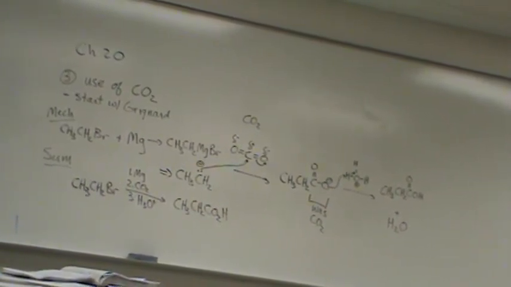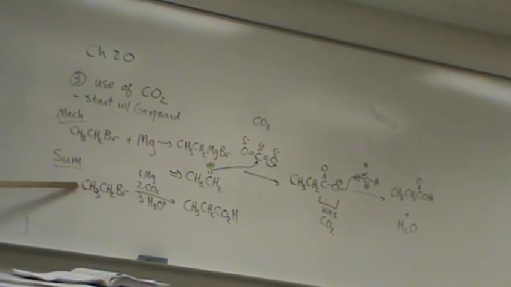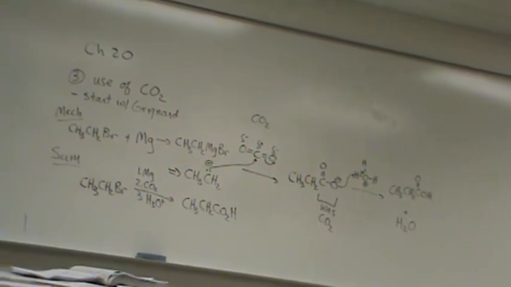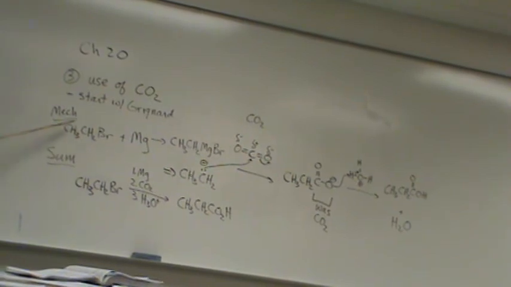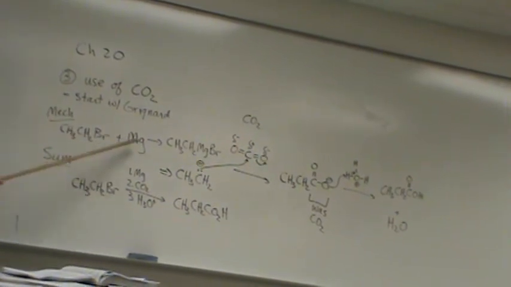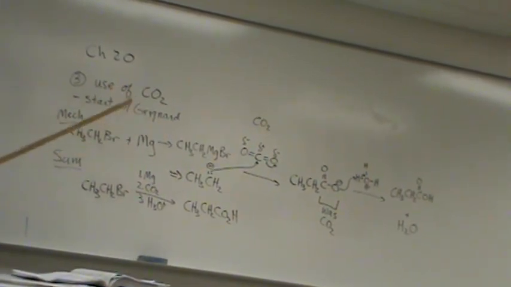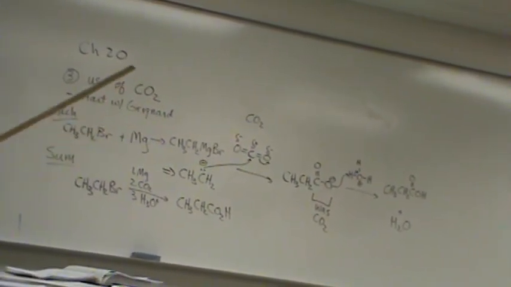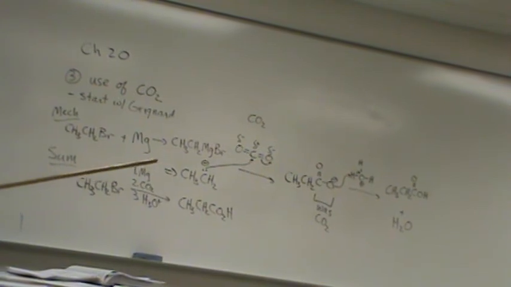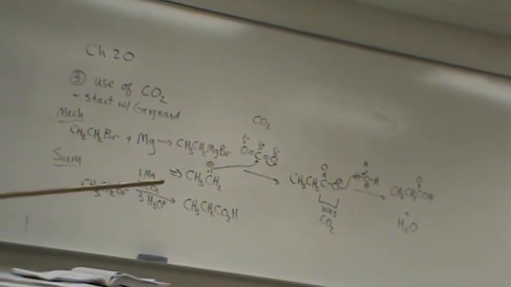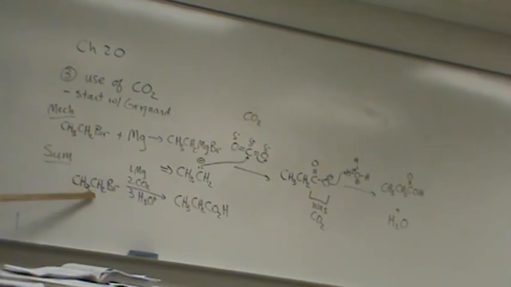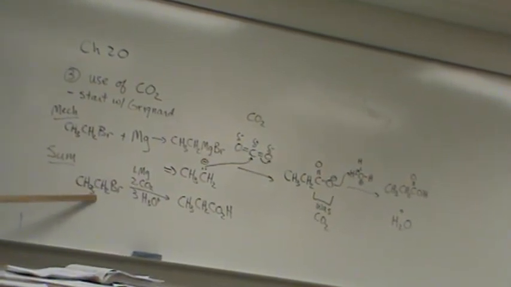Any questions on the mechanism or the summary there? Make sure you're familiar with both. Let's go over one little thing here that you may or may not have spotted. If you look over on this side, how many carbons did we start with? 2.